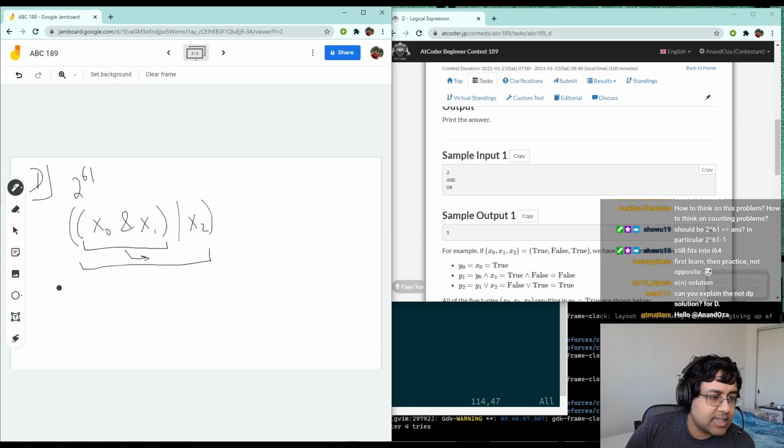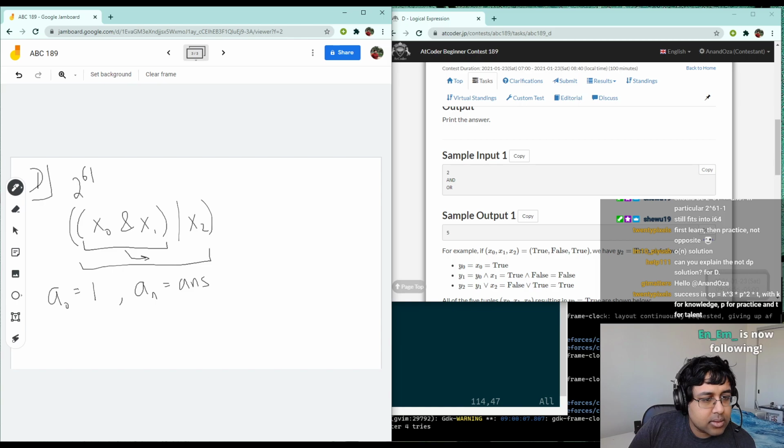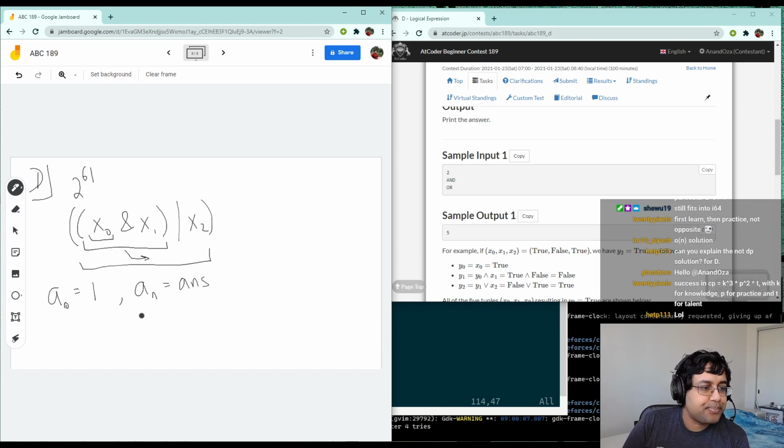So let's let a0 equal 1, and then an is the answer. So a0 here would be like the number of ways to make just this expression, like a single variable, true. So now we have two cases.